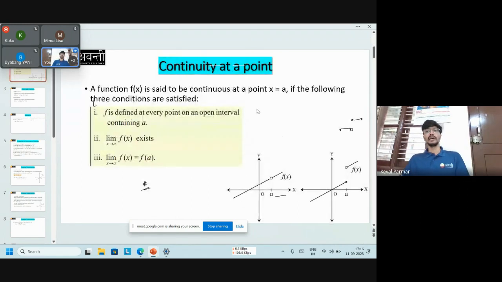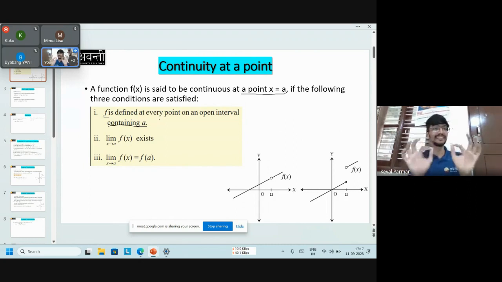A function is said to be continuous at point x equal to a if three conditions are satisfied. First, the function f is defined at x equals a, meaning the functional value at a is a defined value.